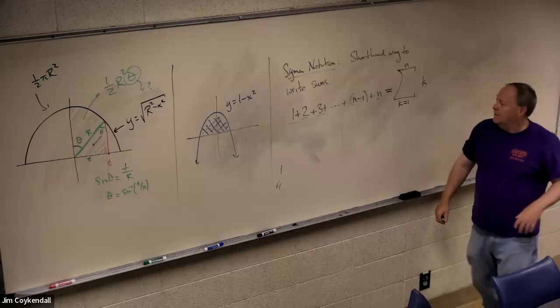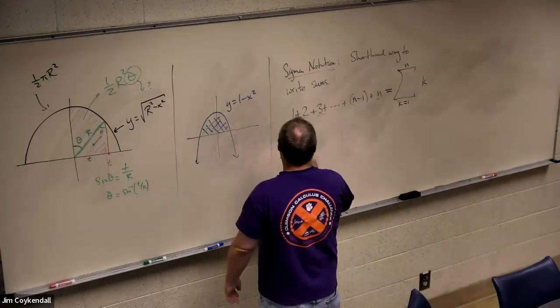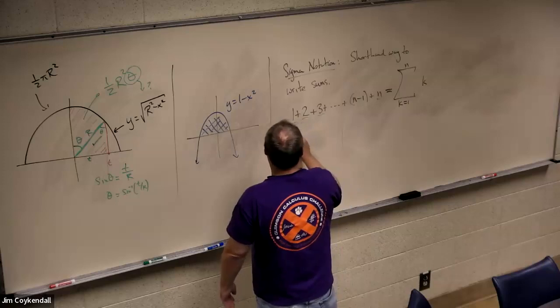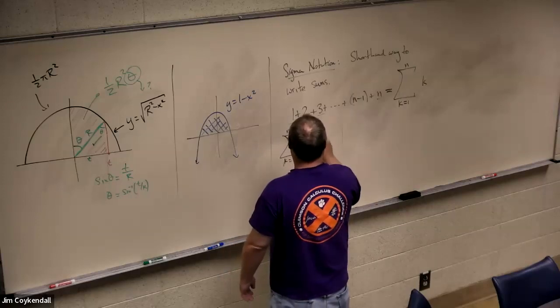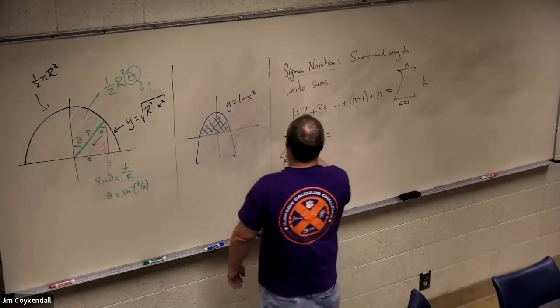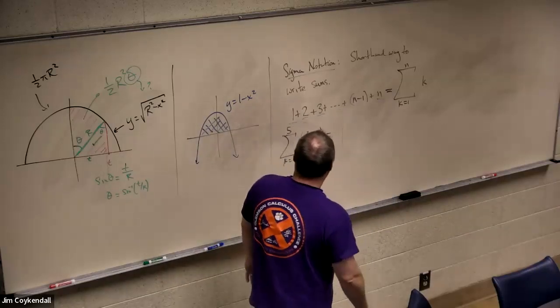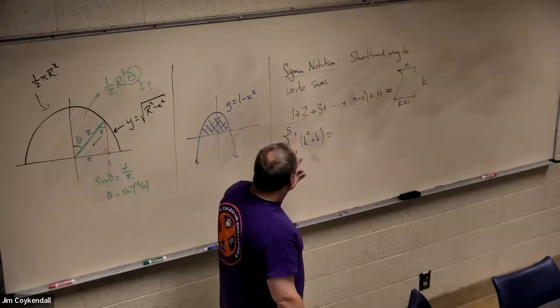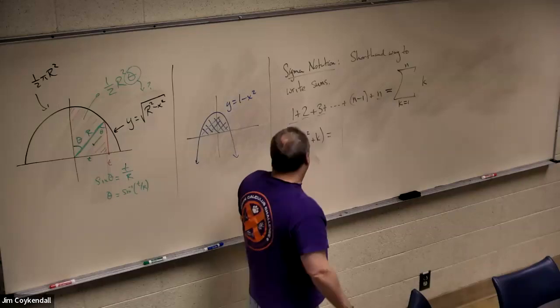But for example, I wrote this down. Let's do this. This just means there should be 5 terms that I'm adding up.